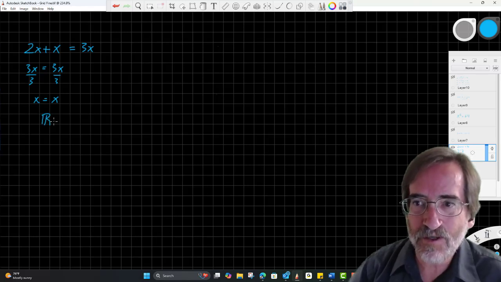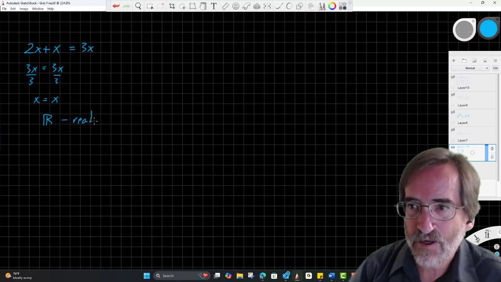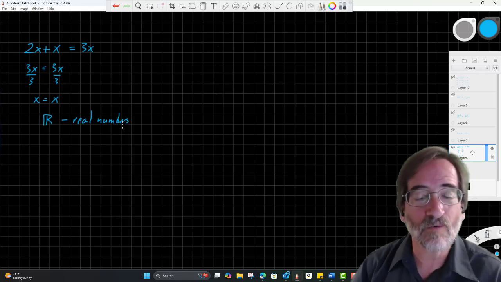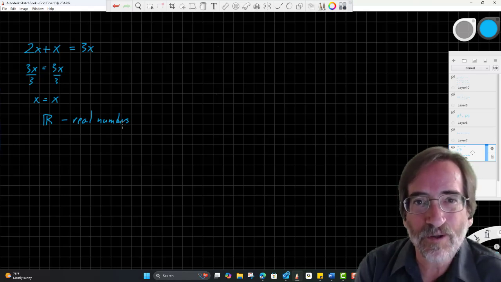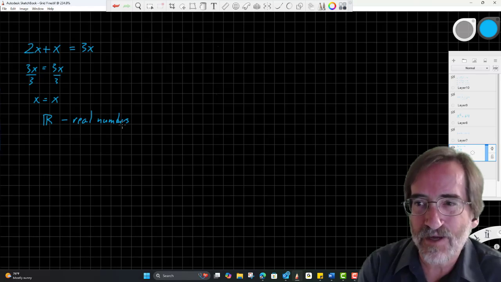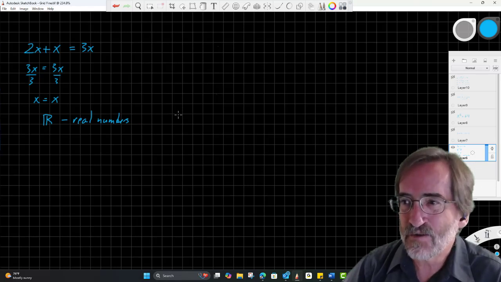Now this fancy looking R, you draw two parallel lines, right? And then draw a capital R. It stands for the real numbers, which includes all rational and irrational numbers. Okay, so that's the way we indicate the set of all real numbers. If your solution set is everything, use the fancy stylized capital R. Just for your information, N with a capital is natural.